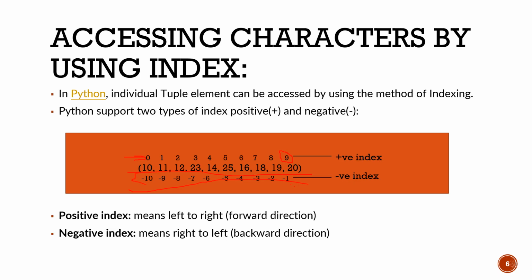So in this tuple I have a total of 10 elements, and the last negative index is always the negative of the length of the tuple. For positive, we start with 0 and end with len minus 1, and for negative, we start with minus 1 and go to minus len. This is about positive and negative indexing.